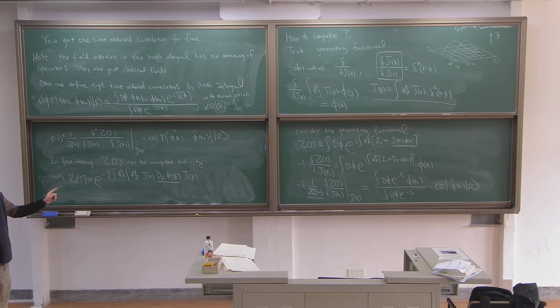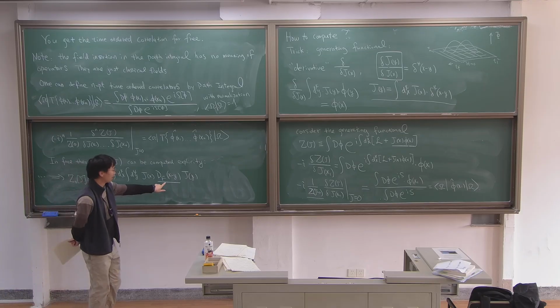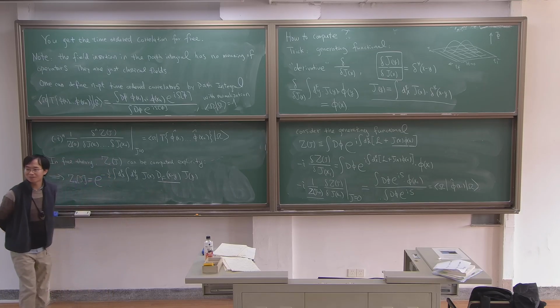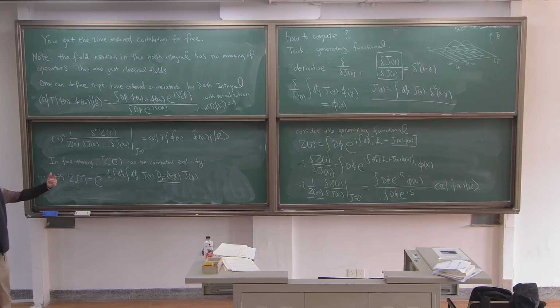Again, that comes to the question: we have many propagators as Green's functions. We have the Feynman propagator, the advanced, the retarded, and the Dyson propagator. We have different types of Green's functions, and how do you know one should put the Feynman propagator here? This is related to the previous time-ordering lecture in the path integral.